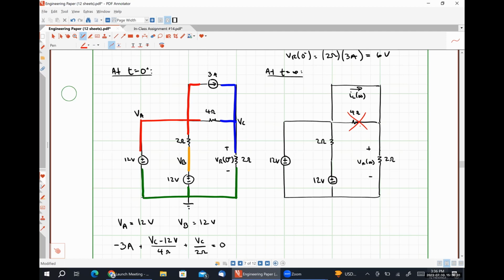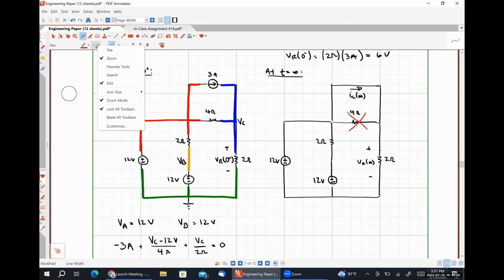I was gonna say KVL, but I don't, only because I'm trying to not use nodal or mesh. So just by looking at it, do we know what VR infinity is? If I'm looking at it right, I think so. What do you say the answer is? Negative 24 volts. You are looking at it incorrectly.